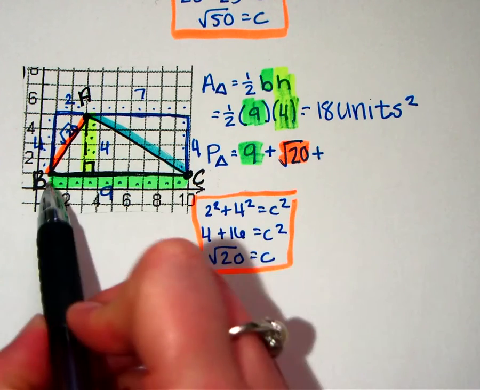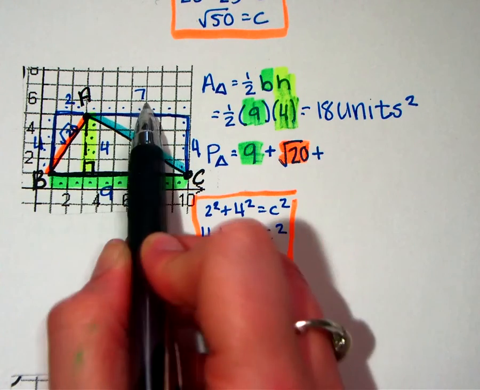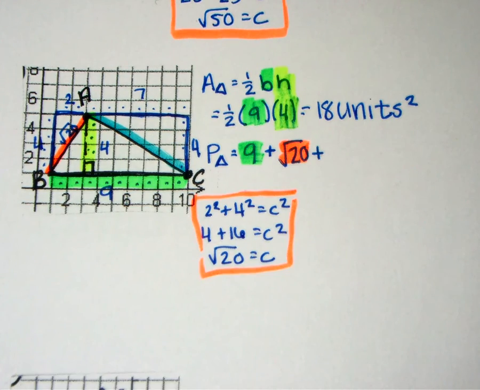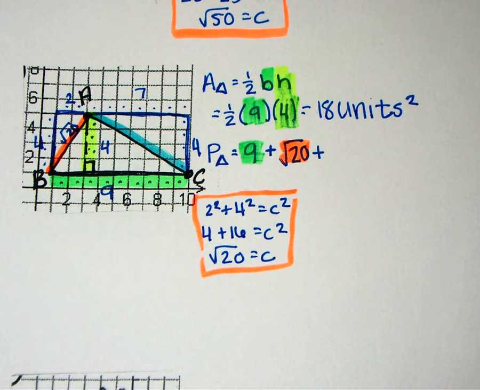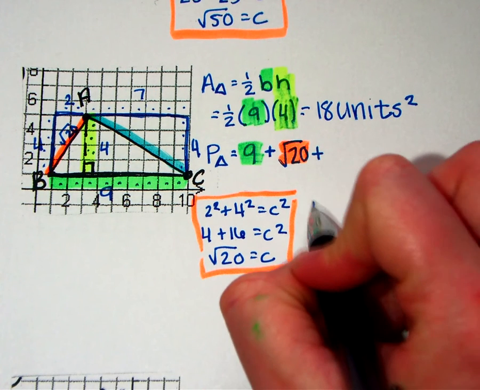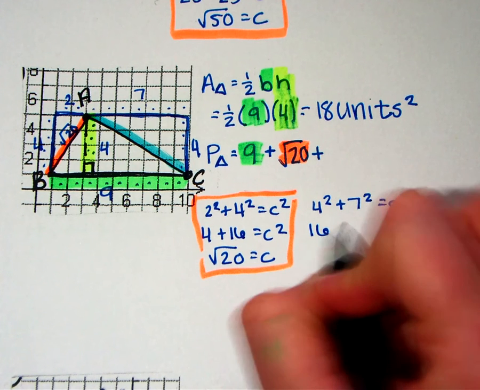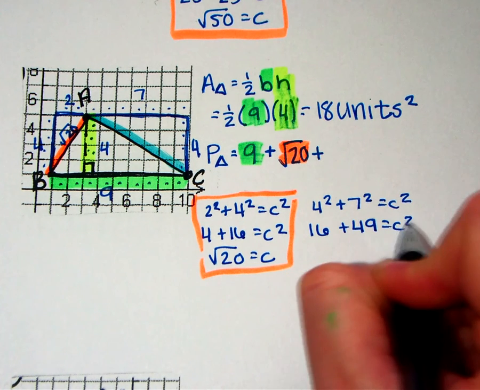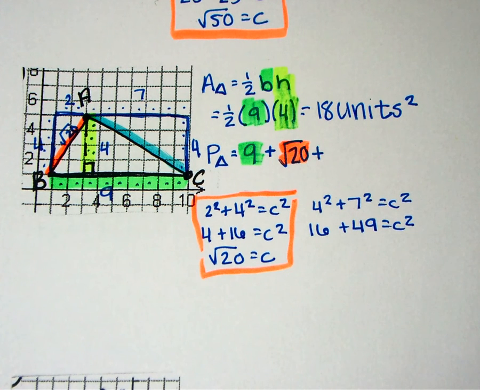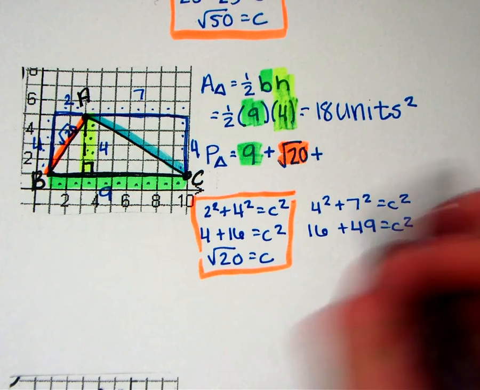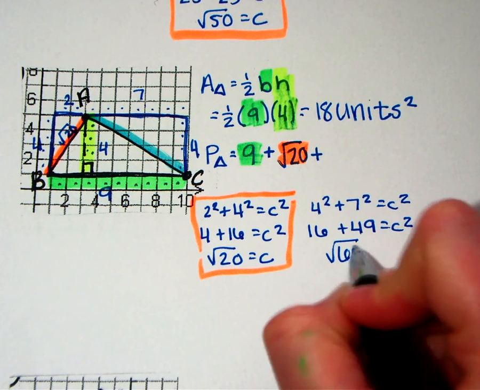Notice again, the whole base was 9. 2 plus 7 is 9. So if you're not ending up with the same numbers, you're actually miscounting your boxes. Okay, so now let's do the Pythagorean theorem. We get 4 squared plus 7 squared equals c squared. 16 plus 49 is c squared. 16 plus 49 is 65, and we're going to square root that.